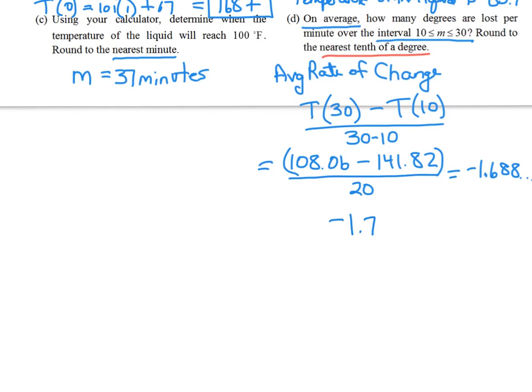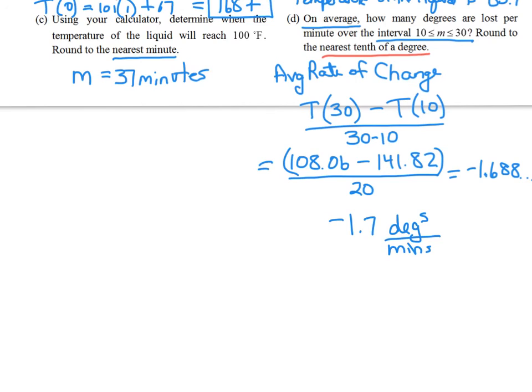Now let's watch out for the units there. The numerator is, of course, measuring temperature, so that's in degrees. The denominator is measuring time, and my time was in terms of minutes. So this is negative 1.7 degrees per minute.